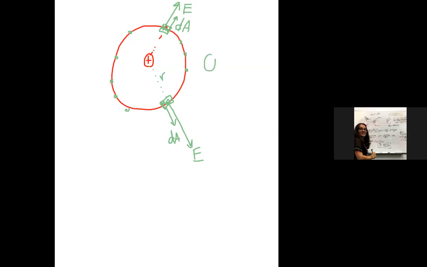Okay, so for any and all of these, theta is equal to 0 and cos of 0 is equal to 1. So the electric flux is the closed integral of E dot dA. So do the vector part first.